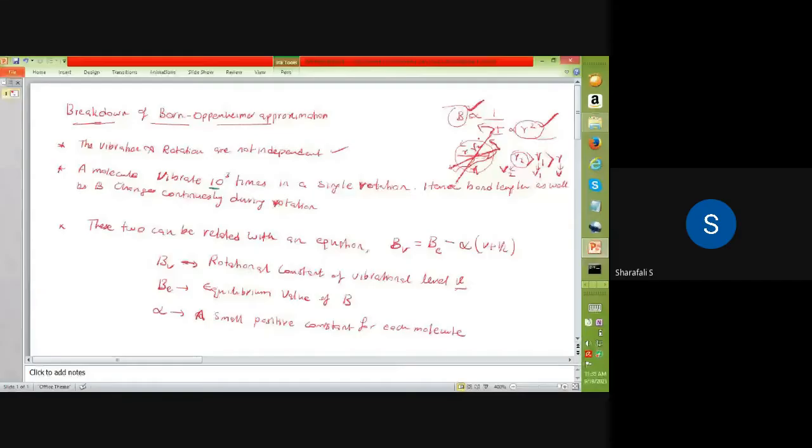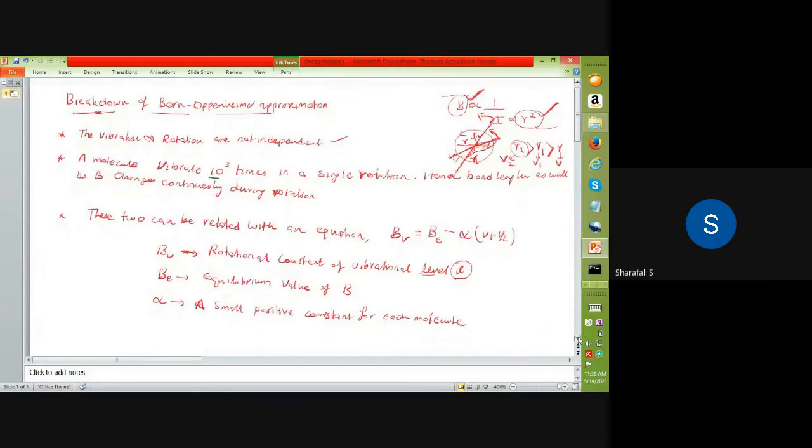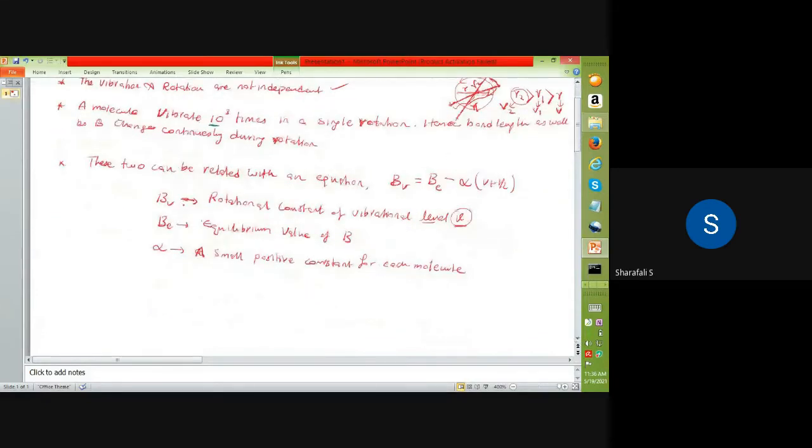So different R values mean we have different vibrational energy levels, and associated with that, we will have different B values. That B value we can denote by B_v, the rotational constant of vibrational level v. B_e is the equilibrium value of these B values associated with the different vibrational energy levels, and alpha is a small positive constant associated with the molecule.